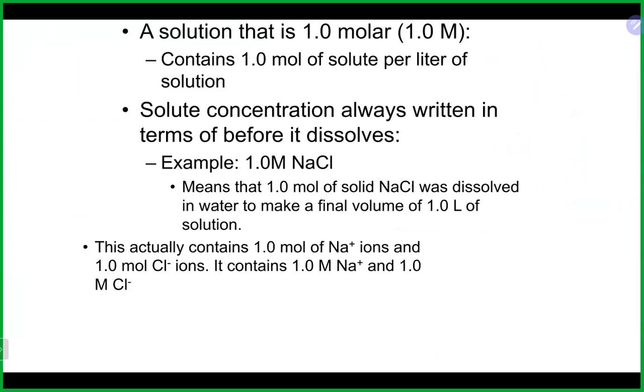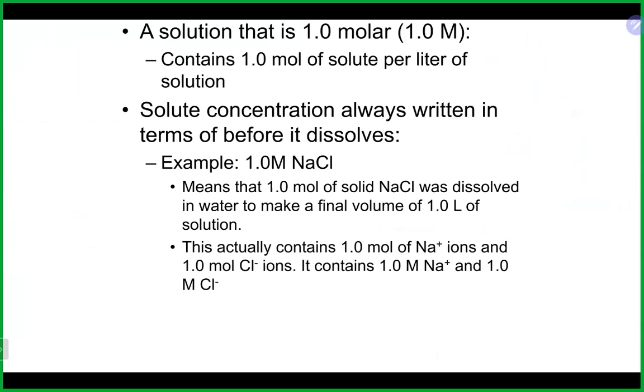Again, if we have a solution that is 1 molar sodium chloride, that means we have 1 mole of sodium chloride dissolved in enough solution to make 1 liter of solution. With molarity, sometimes we may be interested in just the individual ions and not necessarily the entire ionic compound together.